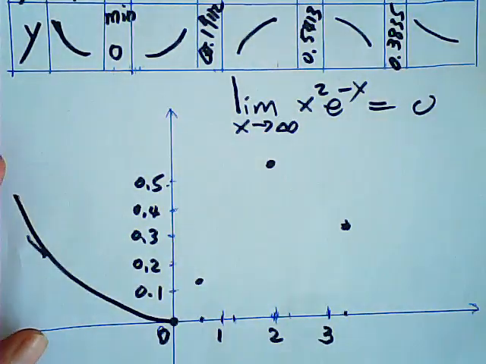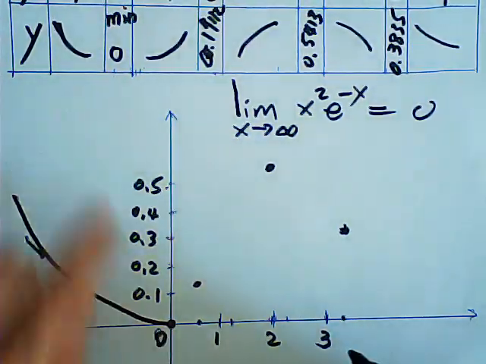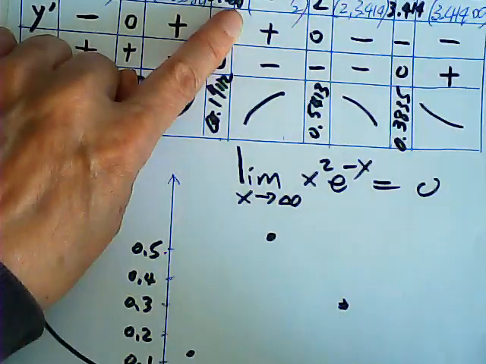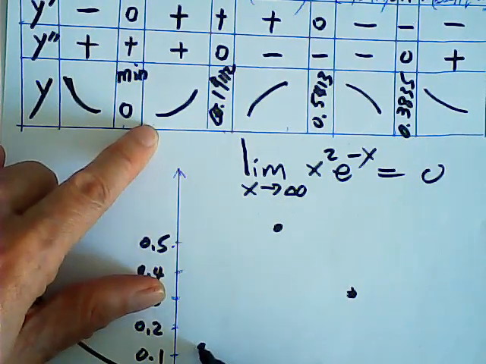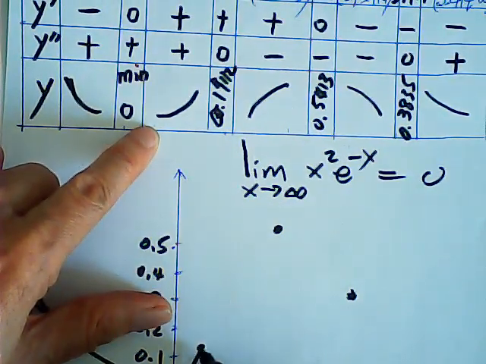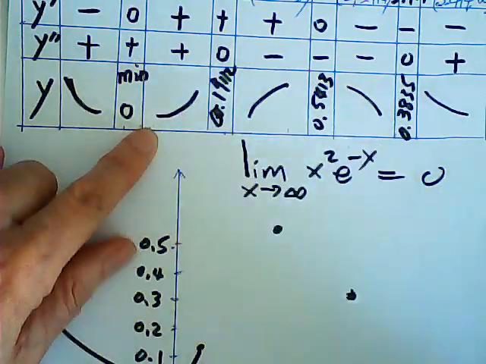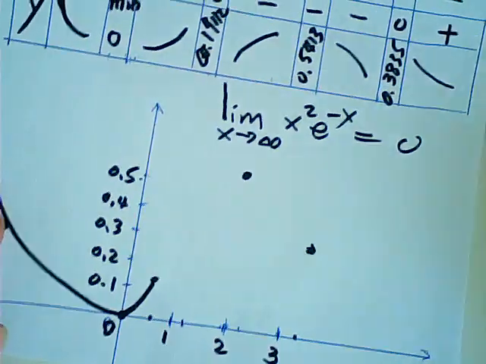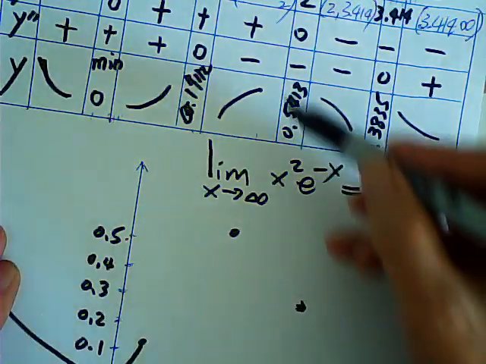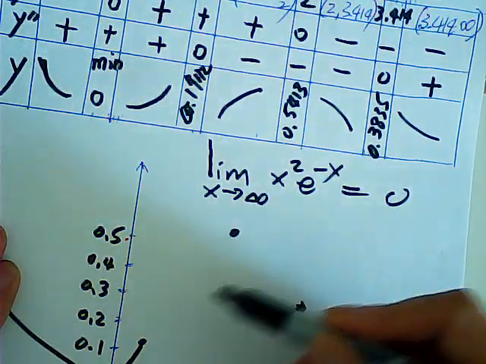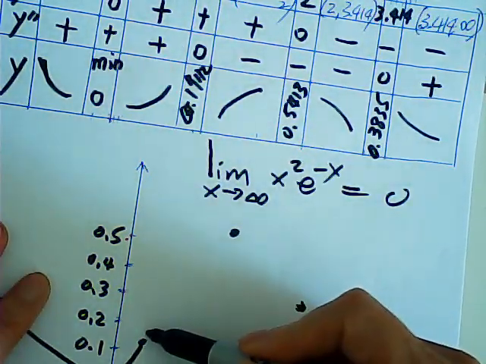4 critical points. Now from 0 to this point is this shape. The curve looks like this. This shape. Then from this point to 2 is this shape.